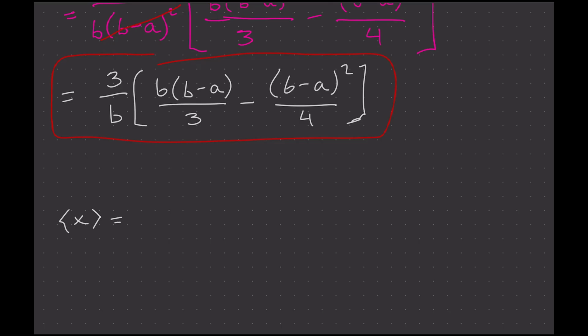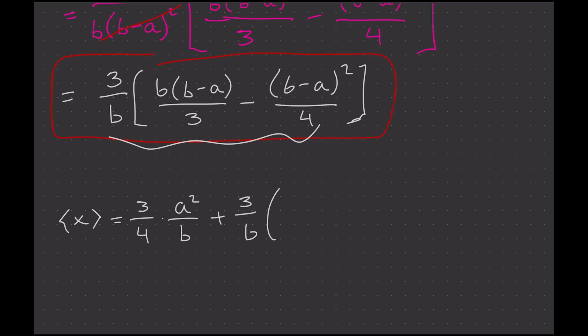The expectation value of x is equal to the first thing here plus 3 over b, I'm basically writing this whole thing here, times (b − a). I'm sure this is going to simplify to something super goofy like square root of a or something like this. Minus (b − a)² over 4. So this is the answer. This is the expectation value of x.